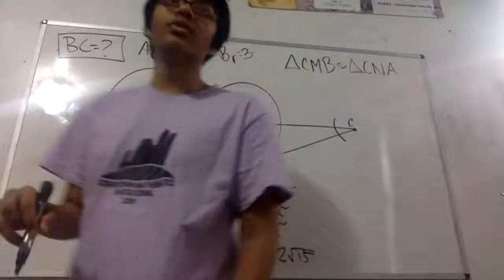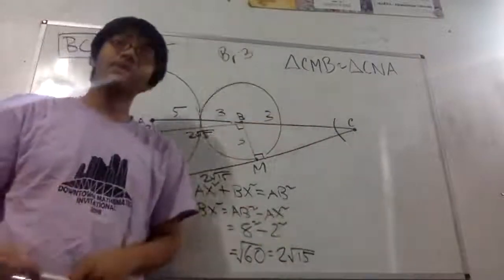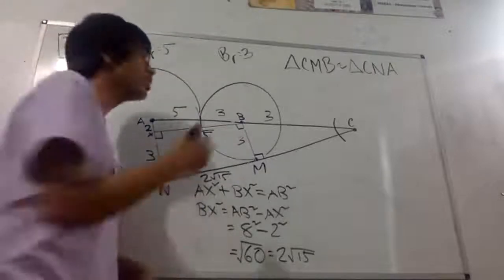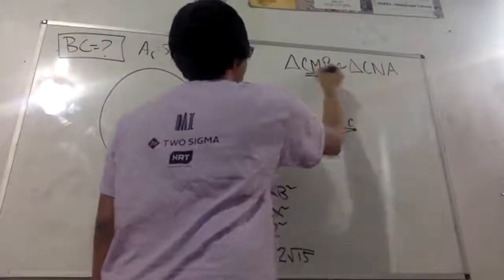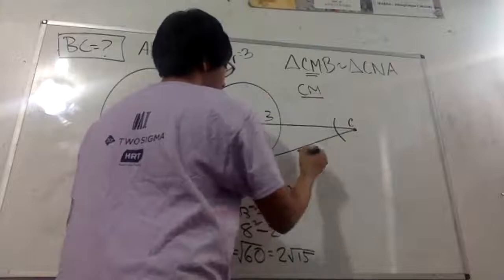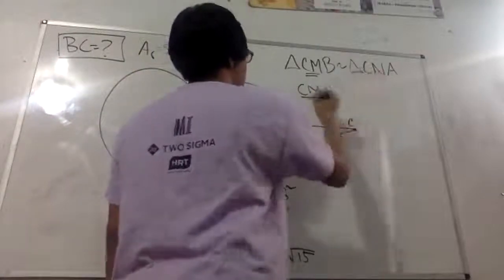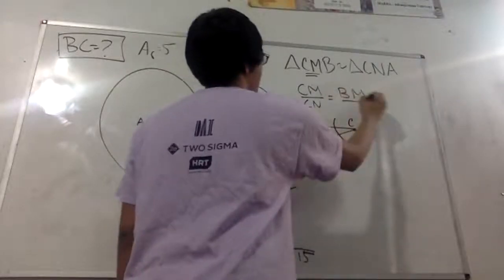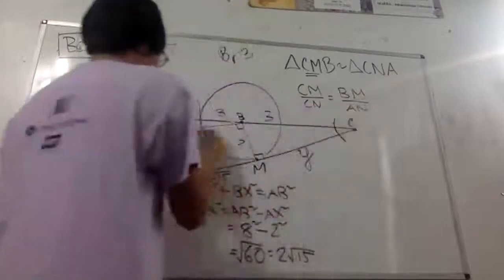Okay, so we've written the following similarity statement, and we can use it to help us solve for BC. How can we do so? Well, we want to find CN, so we use that to our advantage. Let's call CM Y. So CM is to CN as, let's just choose a random segment, BM is to AN. Do we have BM? Yes. Do we have AN?